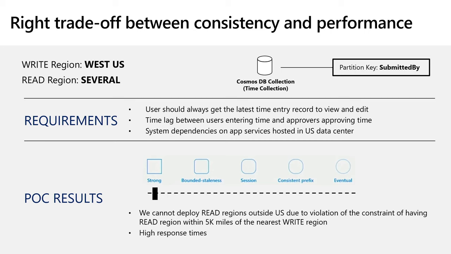So that's not very highly available. And second, performance-wise, it's slow. So slow response times. We're not talking about a huge number of seconds and minutes here. Compared to the other consistency levels, these are a little bit slower. And the other thing is, it's twice as expensive as session consistency. So that's the cost factor involved.